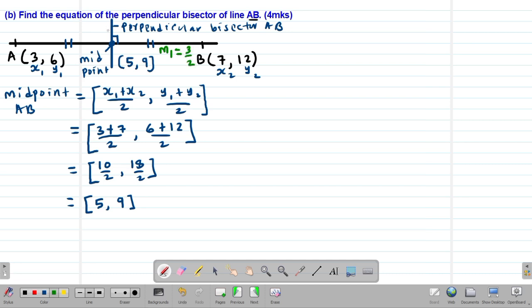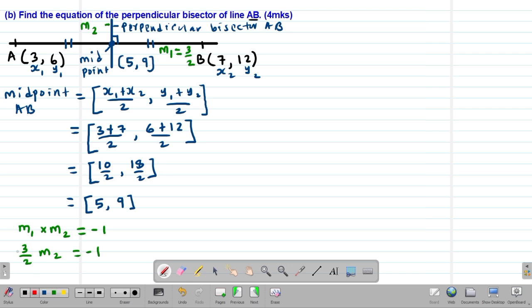So we need to find the gradient of this particular line, which is our M2. Now we know that for any given pair of perpendicular lines, the product of their gradients should give you -1. Therefore, M1 multiplied by M2 should give you -1. Our M1 is 3 over 2. So this will be 3 over 2 multiplied by M2. It should give us -1.